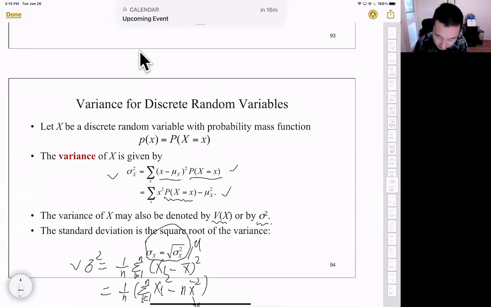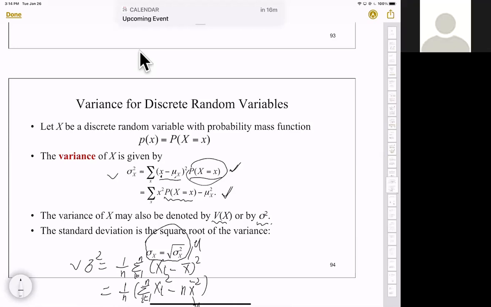So use one of these two equations to calculate the variance. x is the possible value of the outcome, mu x is the mean value, and p of x is the probability for x equal to that outcome, and then sum them. This is for a discrete random variable.